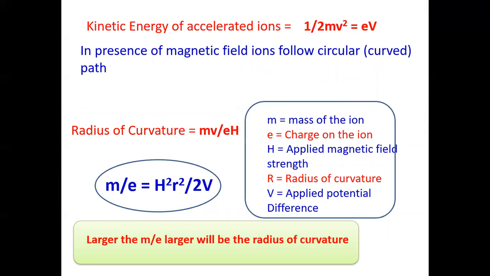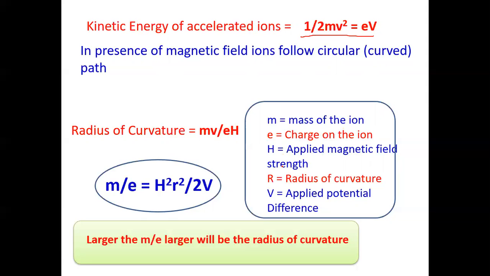Now these accelerated ions in the ionization chamber have certain kinetic energy, and this is the formula which will express the kinetic energy of those ions. Half mv square is equal to eV, where m is the mass of the ion, e is the charge on that ion.